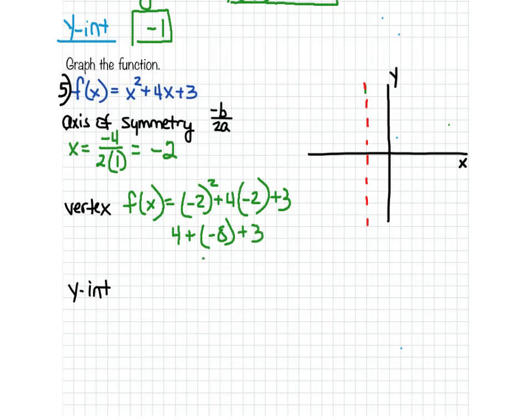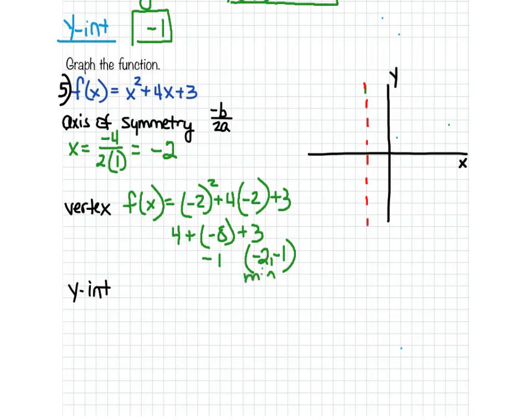So my vertex is at negative 2, negative 1, and I need to know if it's a minimum or a maximum. Well, how do I do that? I need to look at a. a is positive 1, so if a is positive, I know that this parabola opens upward, and so this is going to be a minimum.